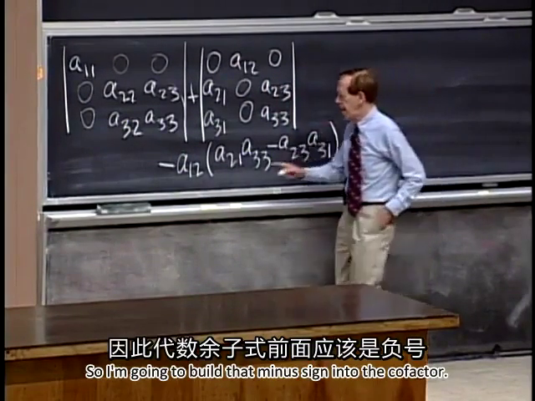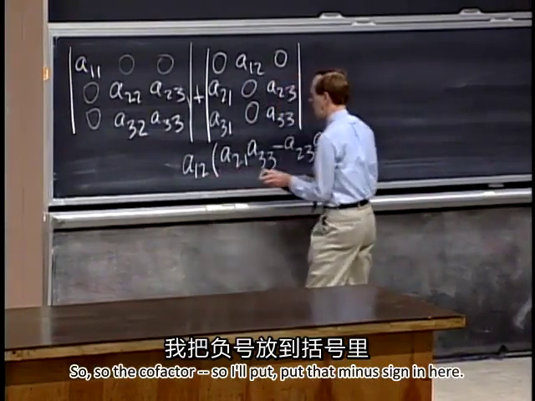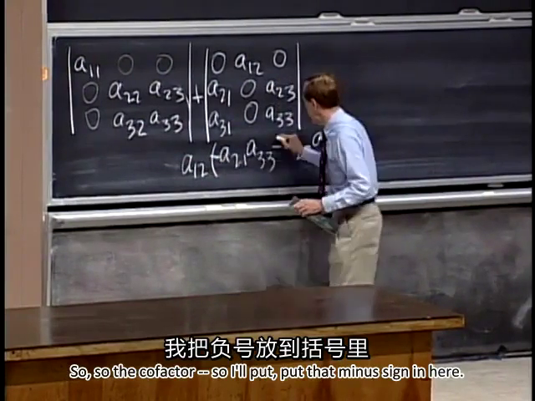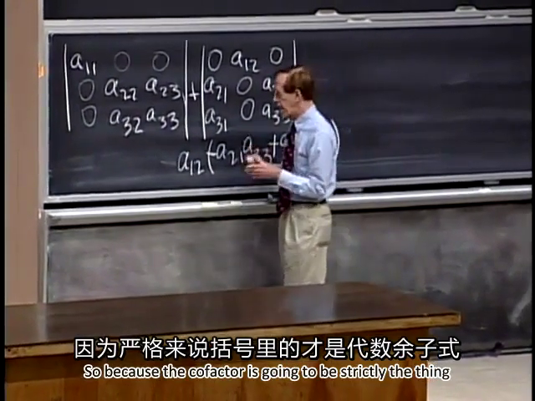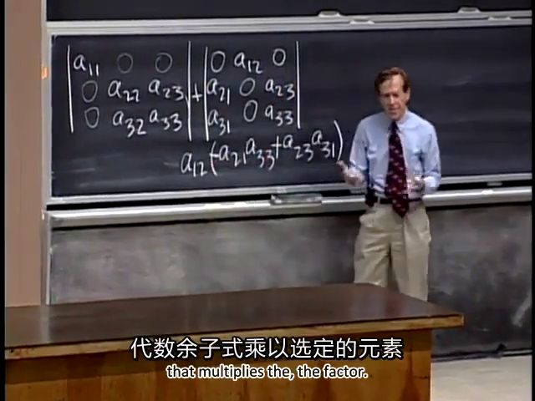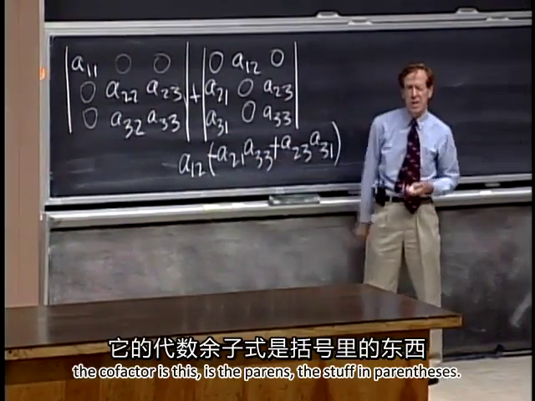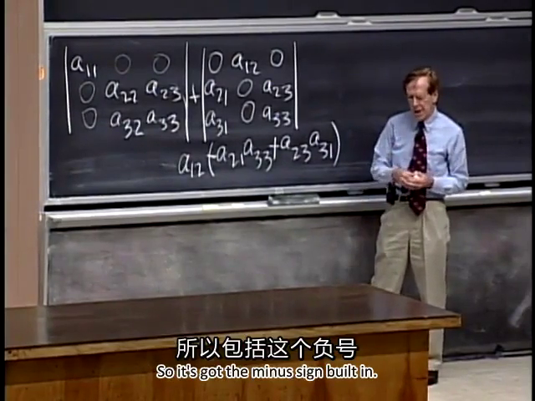So I'm going to build that minus sign into the cofactor. The cofactor is strictly the thing that multiplies the factor. The factor is A12. The cofactor is the stuff in parentheses. So it's got the minus sign built in.